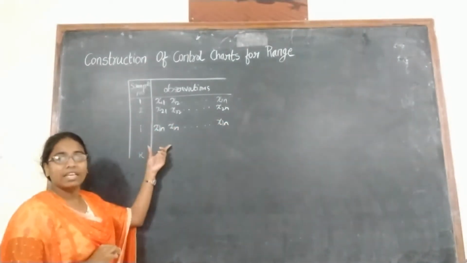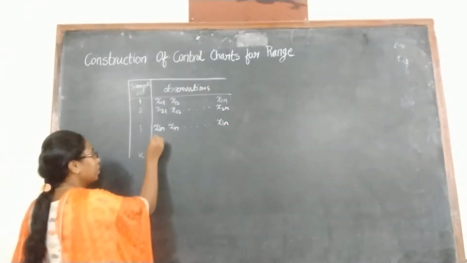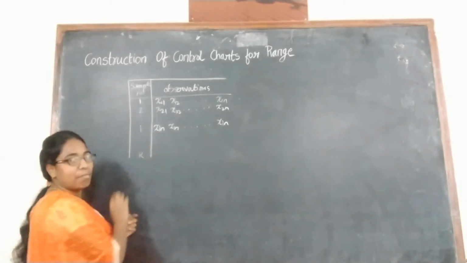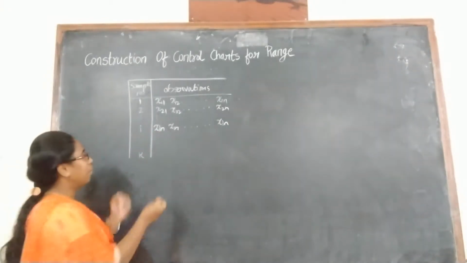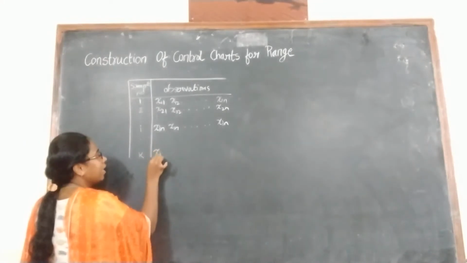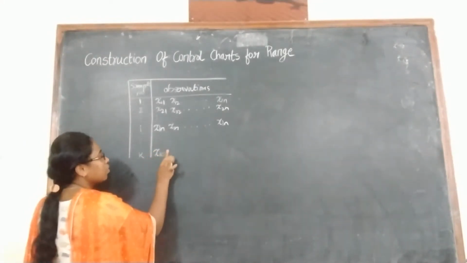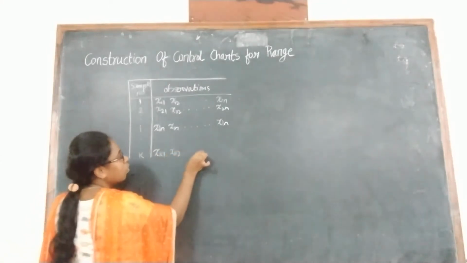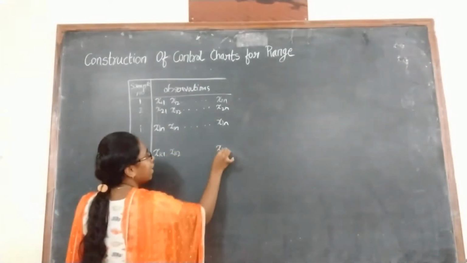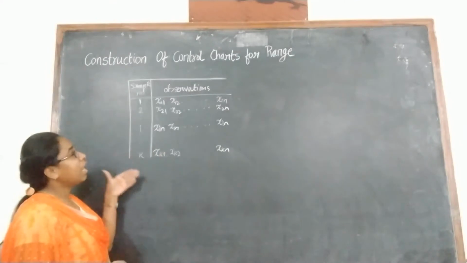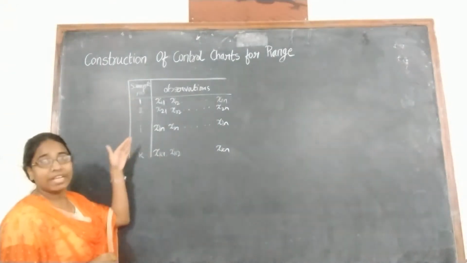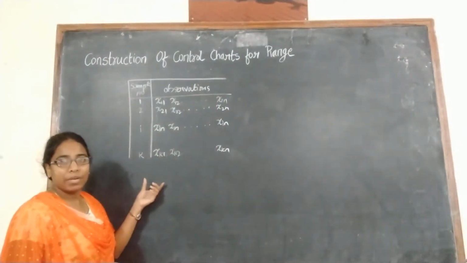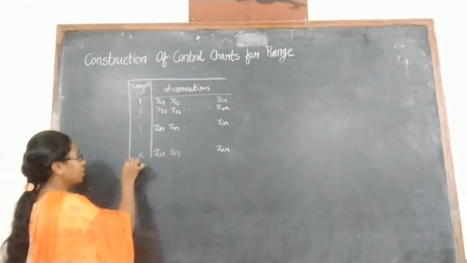Then the last sample, the kth sample, the observations are xk1, xk2, so on xkn. So these are the observations of different k samples of a population of production process.